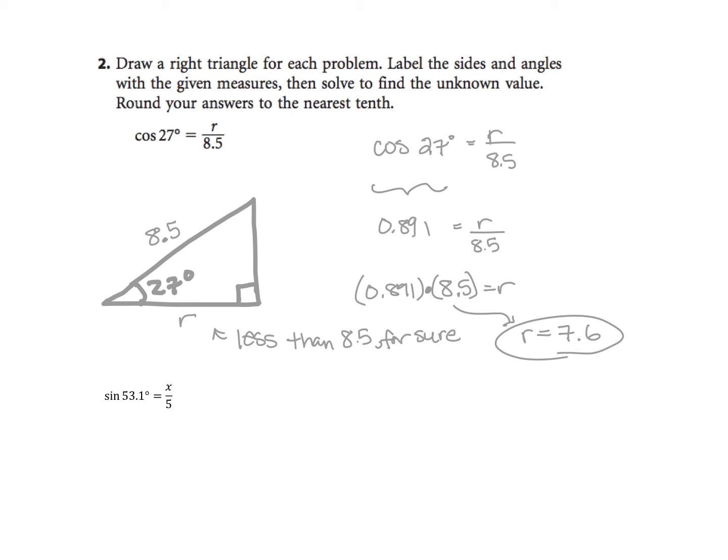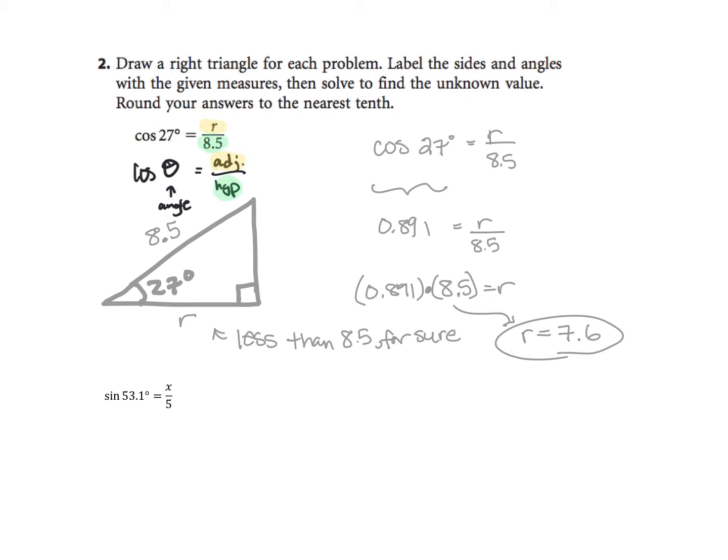So we know that cosine of an angle, of any old angle, so this symbol right here is just an angle, is equal to the adjacent side divided by the hypotenuse side. So that would indicate to me that R is going to be my adjacent side, and 8.5 would be the hypotenuse.